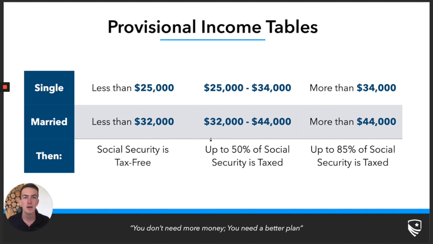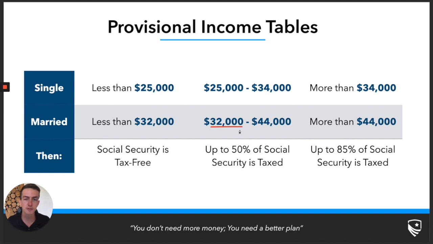That's not how Social Security taxation works. It's gradual. Let's say your provisional income was $32,050. You would only owe 50% of the provisional income over this $32,000 mark, so $25 of your benefit would become taxable.